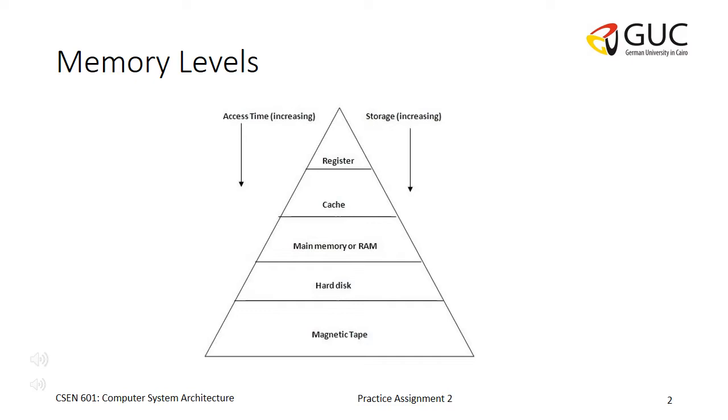So that's why we have the idea of levels. They can differ in size and differ in speed. The idea of levels here is that we store the most important data near the processor for fast access. Why is there fast access? Because the material that the registers and the cache are fabricated from are faster than the memory, and so on.